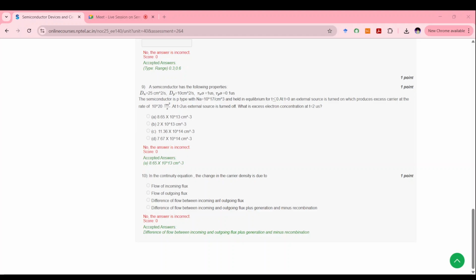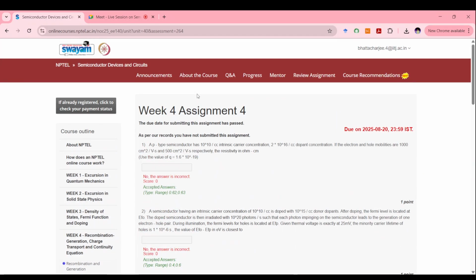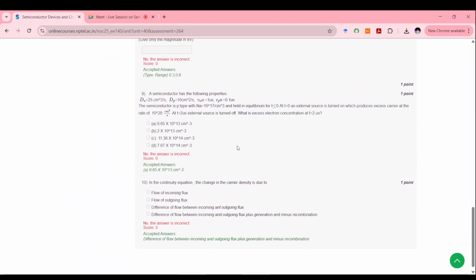So from here, first we'll start from below, I guess.